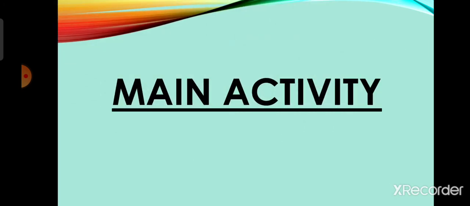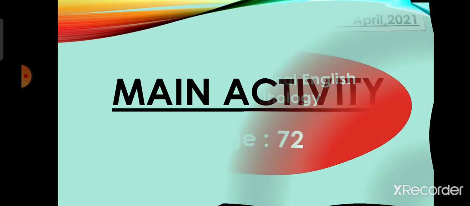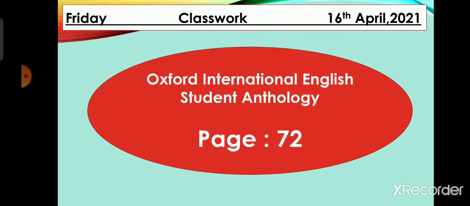So please open up page number 72 and write day, date, and classwork at the top of the page. As you can see on the slide, today it is Friday, 16th April 2021, and don't forget to write classwork in the middle of the page.